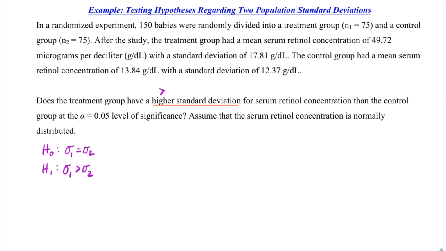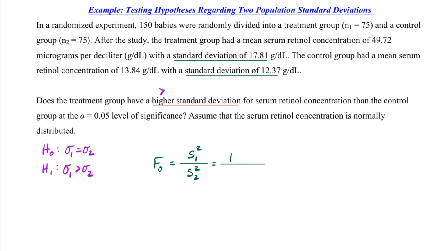Well, if we're all set there, we get to go straight into our F statistic then, which we know would be the variance from sample 1 divided by the variance from sample 2, and they gave us this information. We were told in the story that we had standard deviations of 17.81 and 12.37. Just make sure we use the standard deviations and avoid the distraction that would be the mean values from each of those samples.